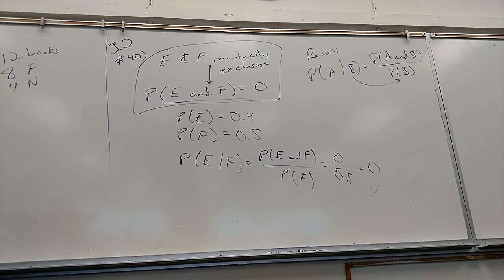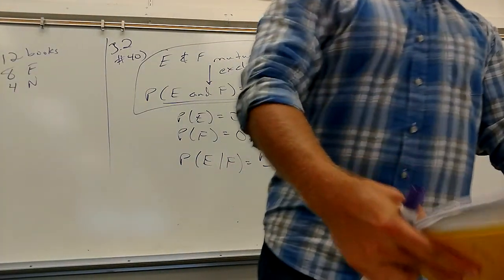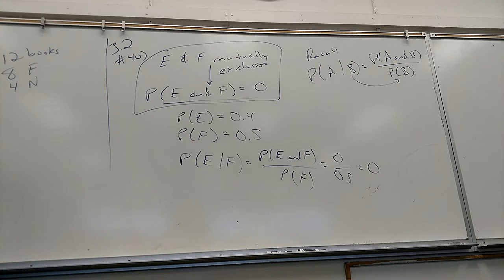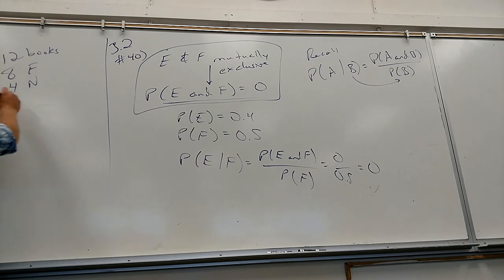What's the sample space? This is one little detail I don't think I've talked about yet. I haven't really talked about the sample space yet. But all the sample space is just a collection of everything that could happen. All the individual outcomes that could happen.